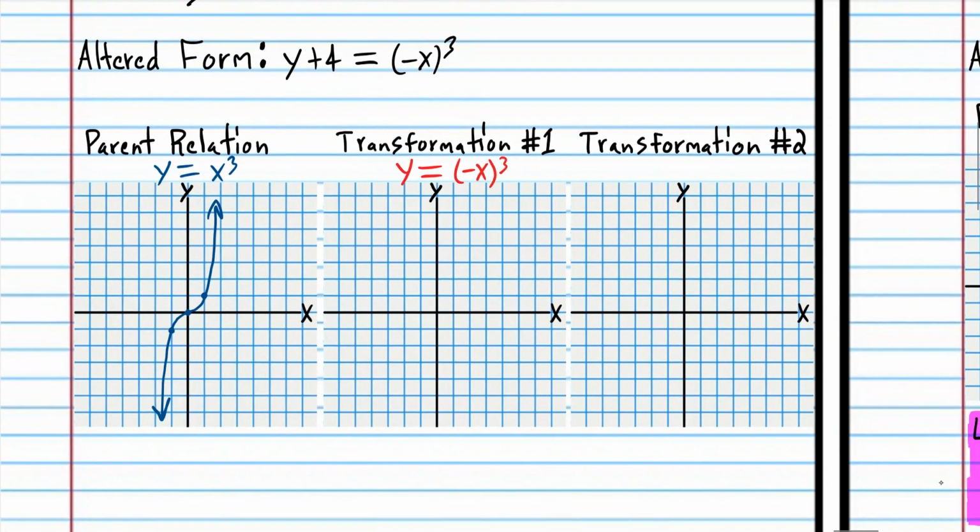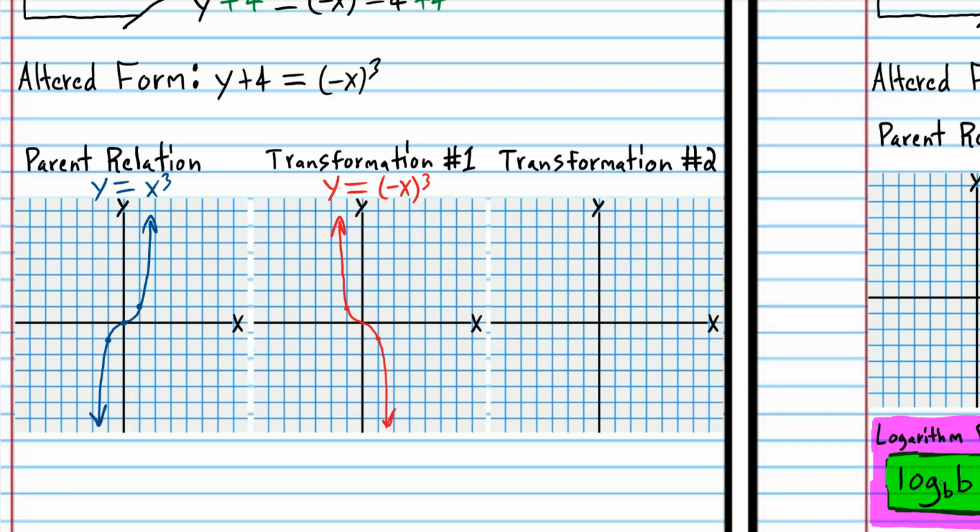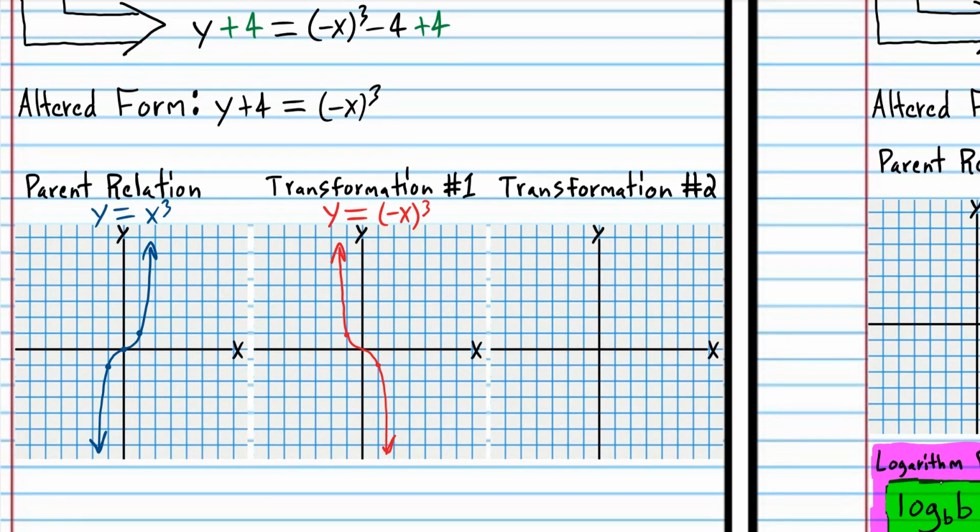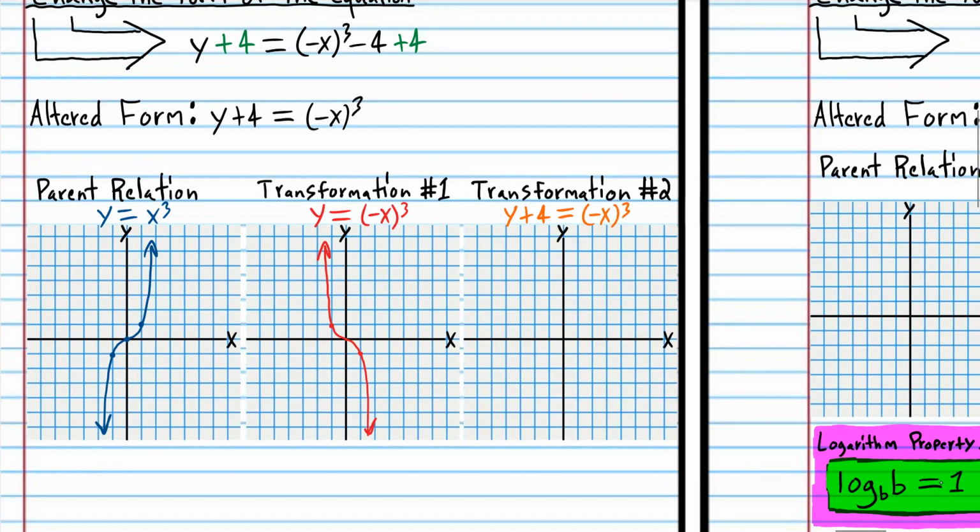And when you replace x with negative x, you reflect across the y-axis. So I'm just going to flip my points over the y-axis. And then we're going to replace y with y plus 4. So I'm going to use my orange color for that. We're just used to orange for translation.